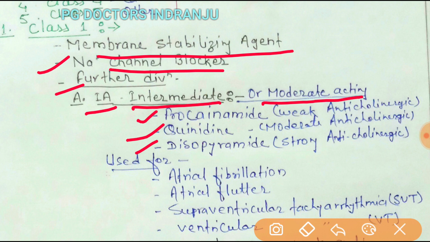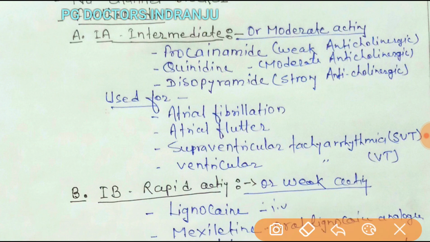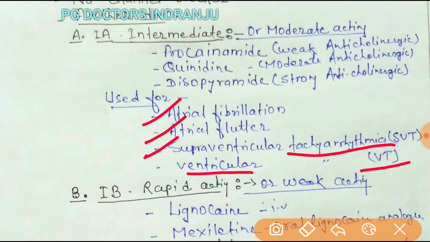Based on this classification, these are anticholinergic drugs: procainamide is a weak anticholinergic, quinidine is a moderate anticholinergic, while disopyramide is a strong anticholinergic. This is used for atrial fibrillation, atrial flutter, supraventricular tachyarrhythmia, and ventricular tachyarrhythmia. This is for class 1A.